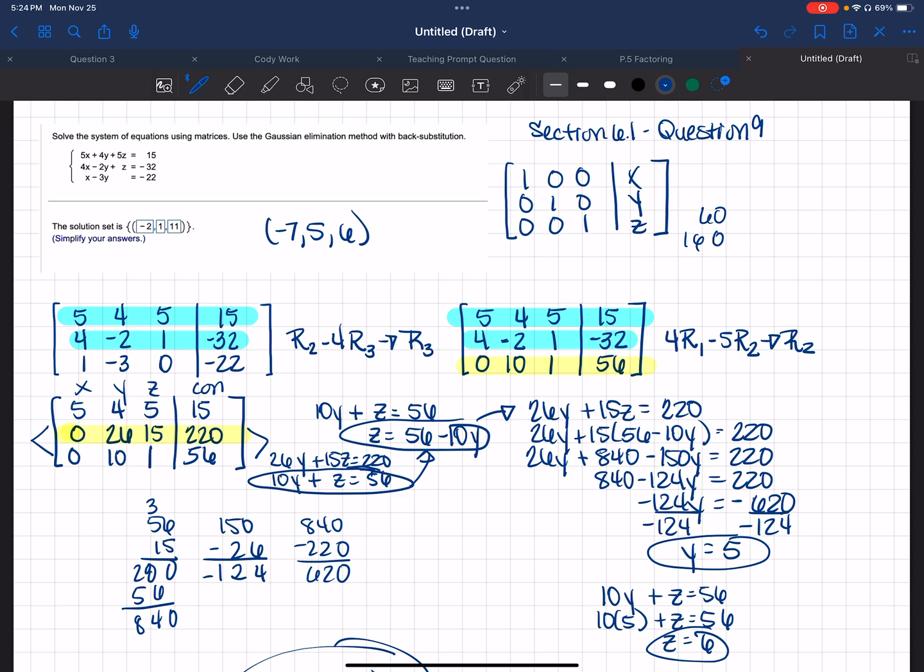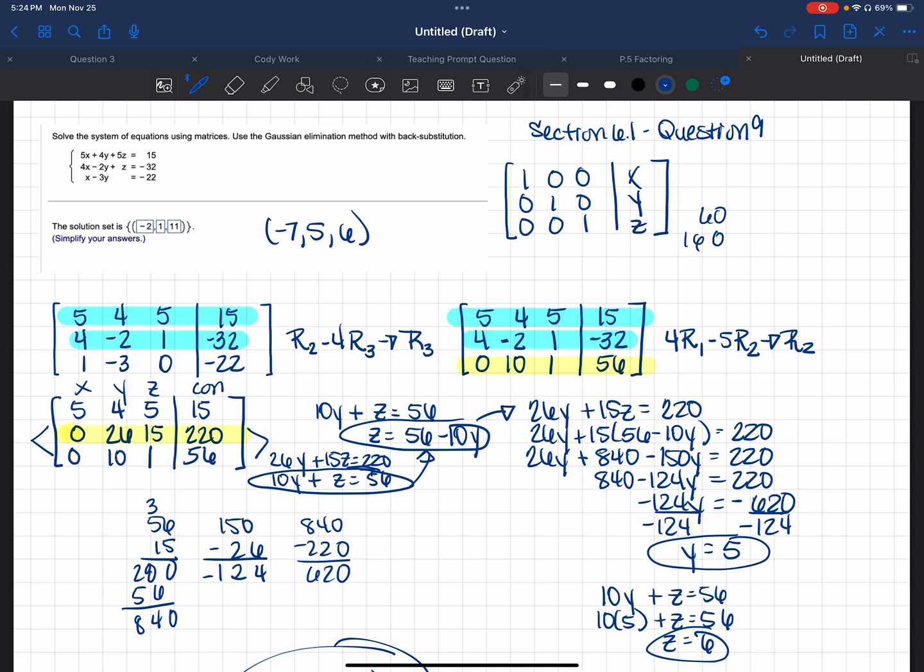So that's going to give me 26y plus 15 times 56 minus 10y equals 220. That's going to give me 26y plus 840 minus 150y equals 220. I'm going to combine that 26y and that negative 150y. That will give me 840 minus 124y, which equals 220.